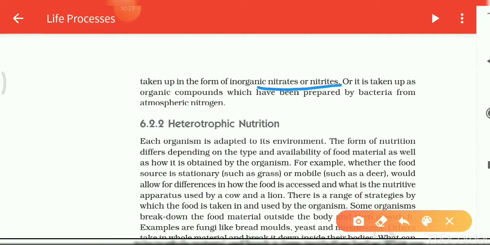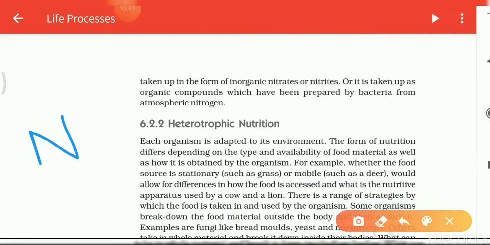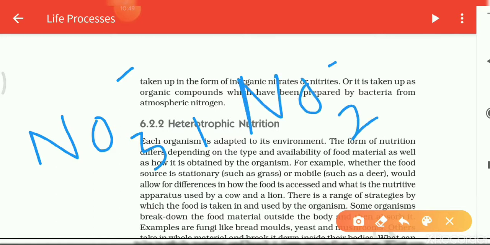Nitrates and nitrites are nitrogen compounds. The formula of nitrate is NO3 negative. Once again I will write here: NO3 negative, and nitrite is NO2 negative.